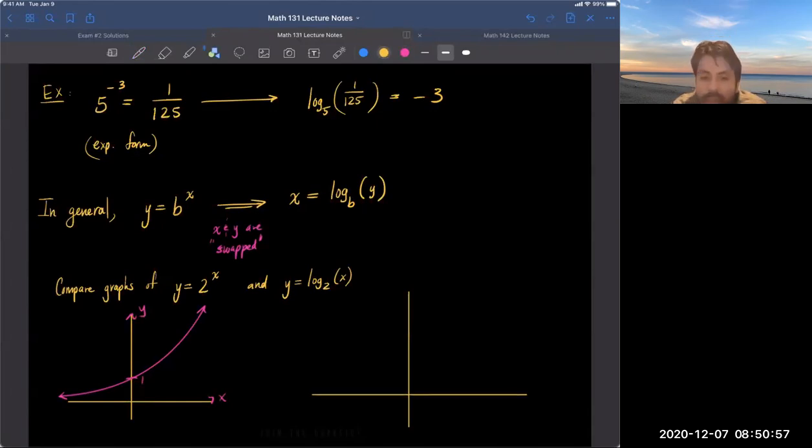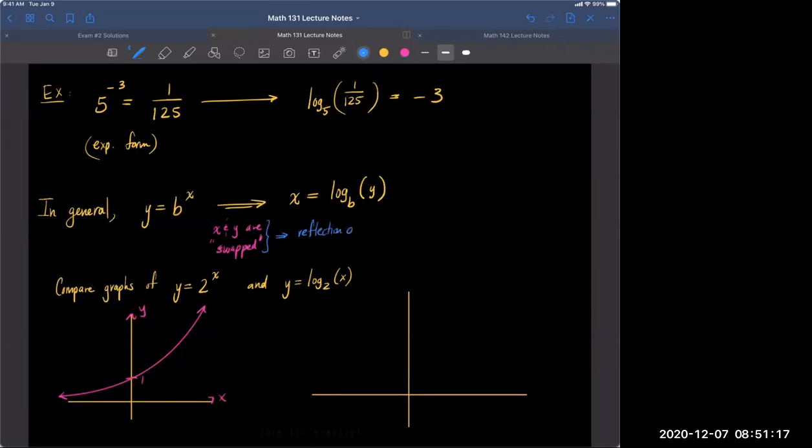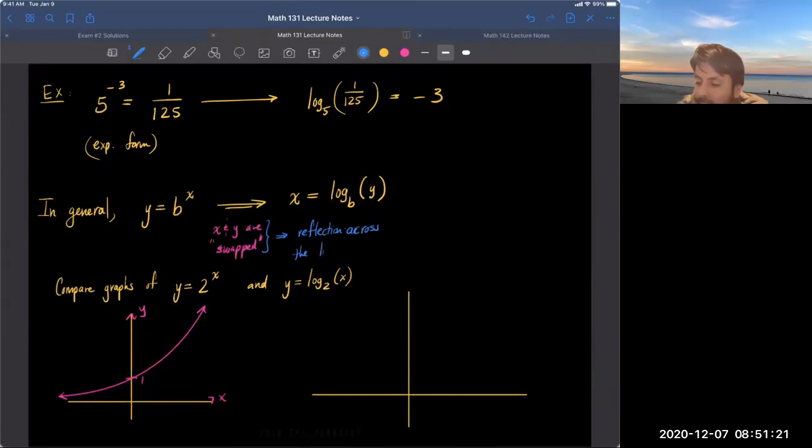Now, what's the difference between logarithmic functions and exponential functions? Remember what I said, x's and y's are swapped. If the x and y values are swapped, it's the same thing as saying there's a reflection across the line y equals x.